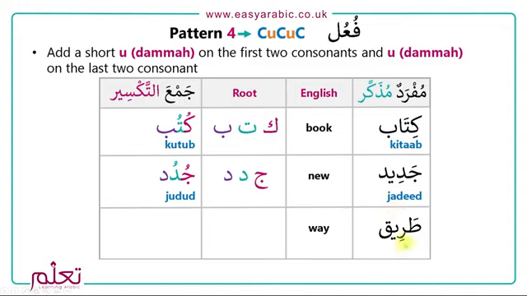Then tariq. The root letters are ta, ra, and qaf. Again, ta with the damma is tu, ra with damma is ru, and qaf, turuq. Tariq, turuq. So we've got kutub, judud, and turuq. That is pattern number 4.